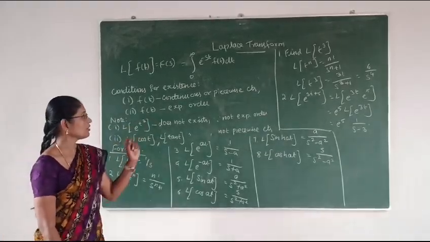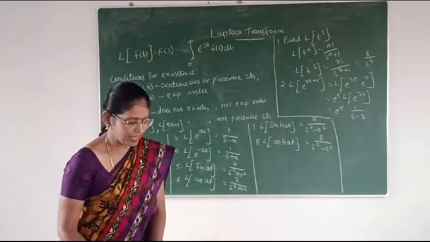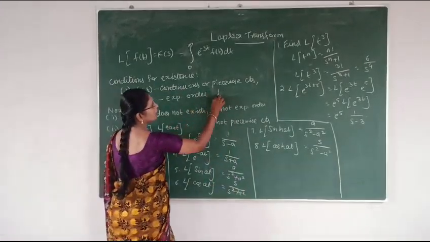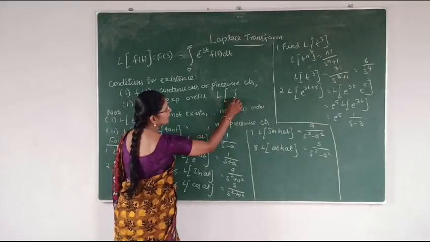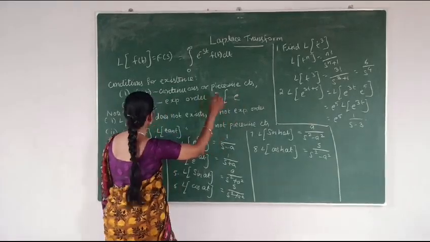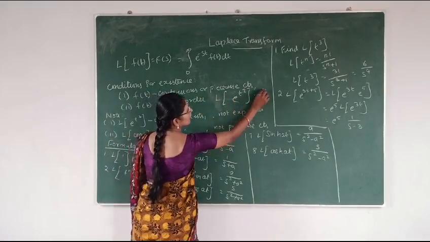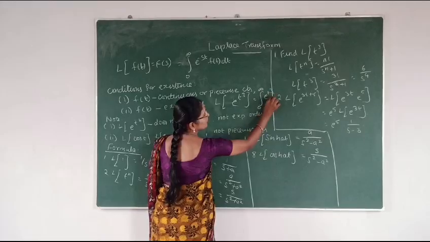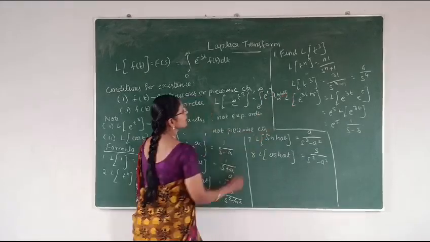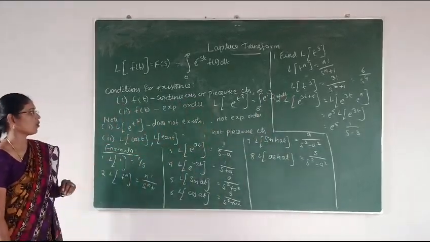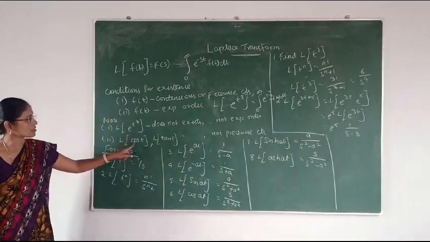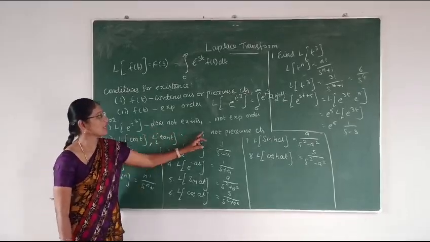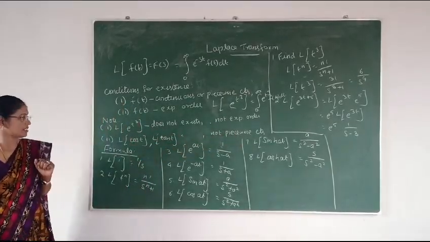If you apply the formula, the integral from 0 to infinity of e power t cube into f of t dt, you may not get the values, so the exponential order does not hold. Similarly, for cos t and tan t, the Laplace transform also does not exist because they are not piecewise continuous.